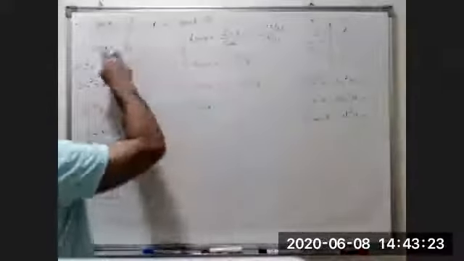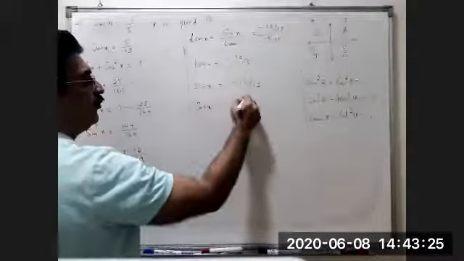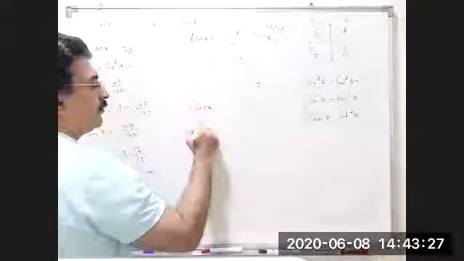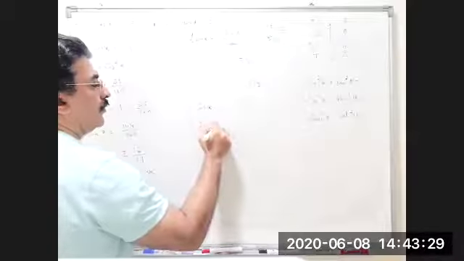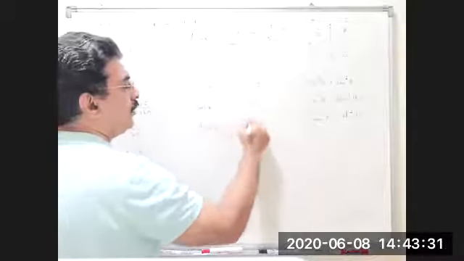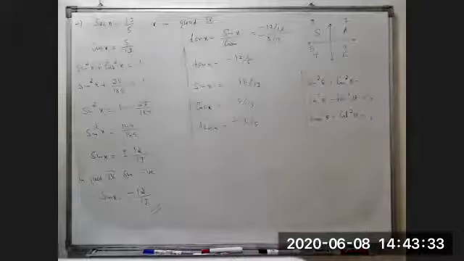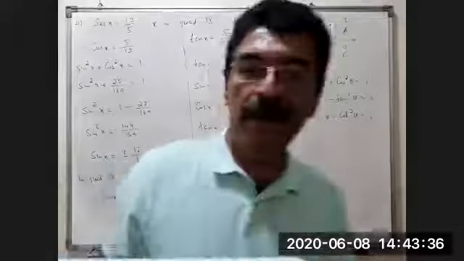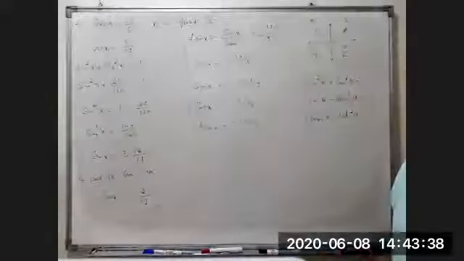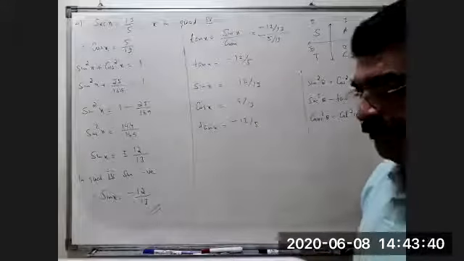Cos x we found as 5 by 13. Tan x we got as minus 12 by 5. Sin, cos, and tan are written. Now the remaining 3 are the reciprocals of these 3.